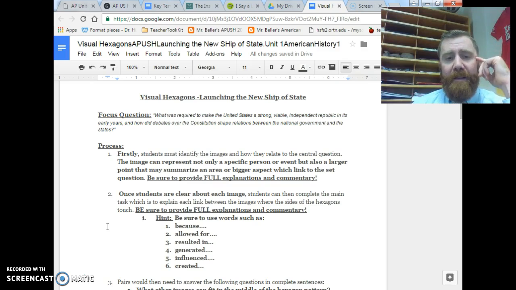You want to link each image, and once again, give full explanations and commentary, trying to show evidence that you've been using the curriculum framework, thinking about how the thematic learning objectives apply to this activity, and then what key terms we can bring in from our video notes or from our key terms list for chapter 9 and chapter 10 that would be appropriate.